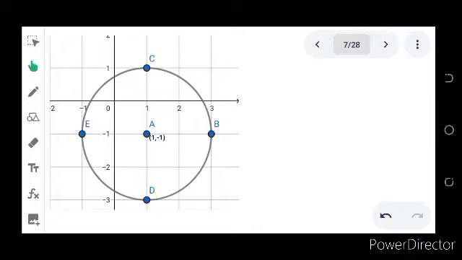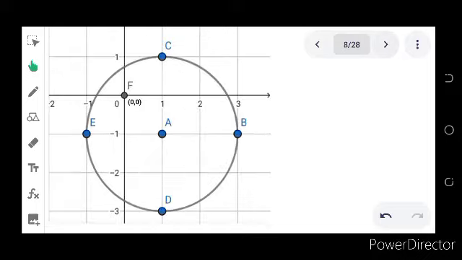Now, let's consider that we're going to find the value of x squared plus y squared. That's a circle that has a center at (0, 0). Always remember that the equation of the circle is x squared plus y squared equals r squared. The distance that is the farthest from the center is always the radius, because the definition of a circle is a locus of points that are equidistant from a center.